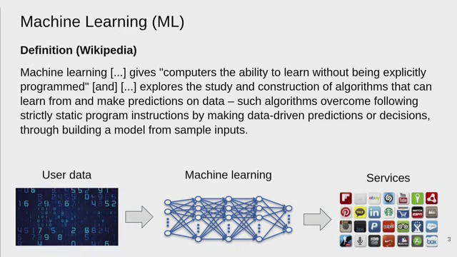So lots of user data is being thrown into some form of machine learning algorithm that churns through the data, creates a form of model that then queries the corresponding model that has been learned to provide different kinds of services. And if you look at pretty much any recent service that you're likely interacting with, there is some machine learning component in the background.